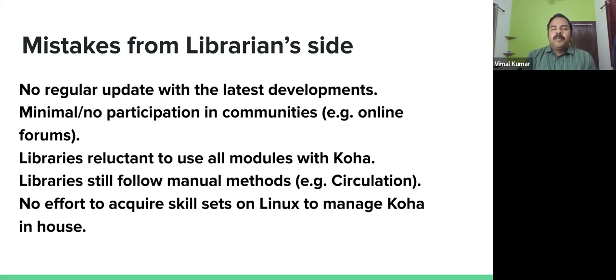In this area, development is very fast, and in Koha's case they release two major versions every year, and a lot of updates. We have to know about these changes frequently. Then no participation in communities. If we join and follow the activities in the communities, only then do we know what changes are going on.